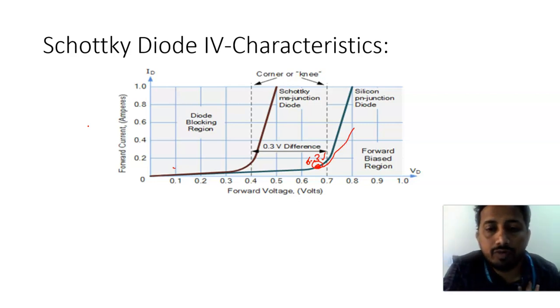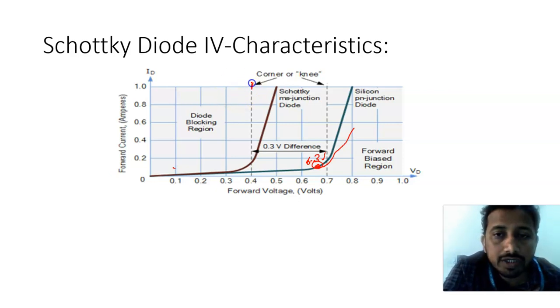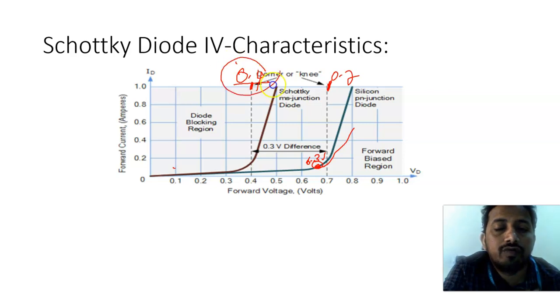So here, the characteristics would be similar, but if you take the breakdown voltages, as indicated over here, the cut-in voltages have been taken as 0.7, and this one will have a cut-in voltage of 0.4.